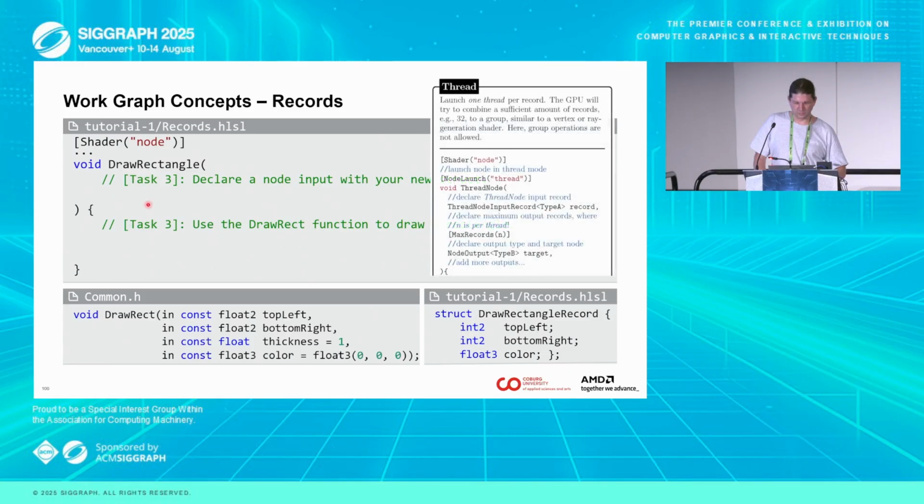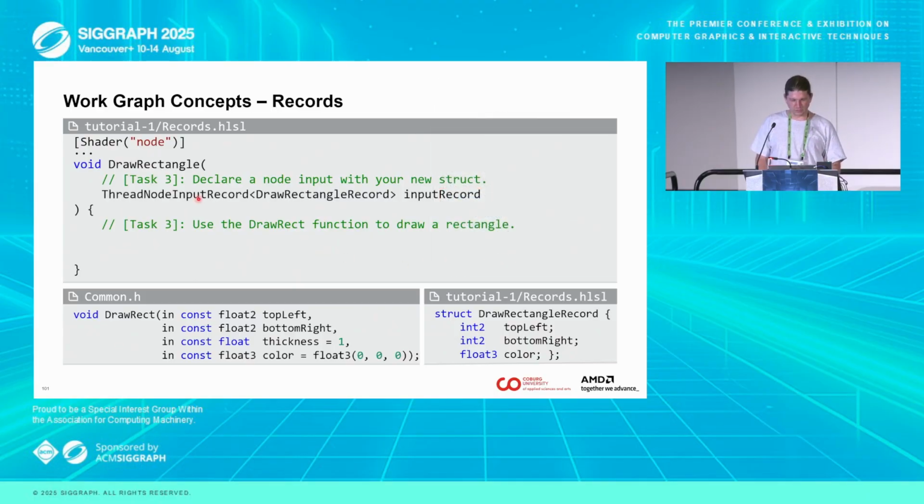So what you can do is maybe look at the cheat sheet and the thread column, and the thread column will then basically tell you, oh, I can use here the thread node input record of this particular type as a little hint, and then you can go ahead and copy that simply over into your solution.